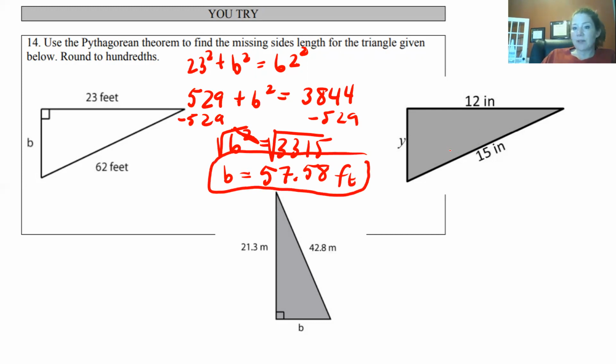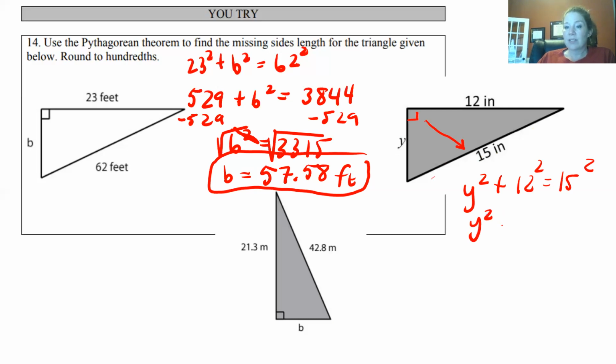All right, and then this one over here should be a whole number, I think. So let's find out what y is. So y squared, they're telling us this is a right triangle, plus 12 squared is equal to 15 squared. 15 is letter C. It's across from the right angle and it's the longest side. So 12 squared is 144. 15 squared is what? 225.